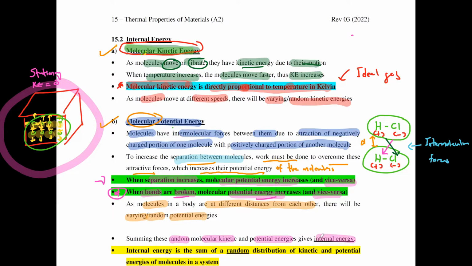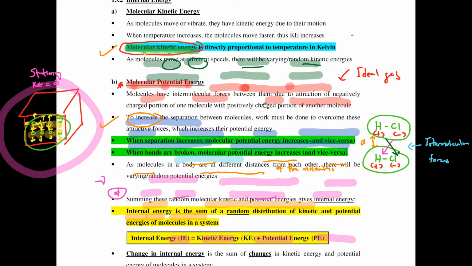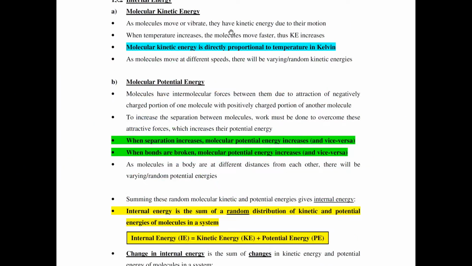This is the main thing in your current chapter, internal energy. Internal energy is defined as the sum of a random distribution of kinetic and potential energies of molecules in the system.